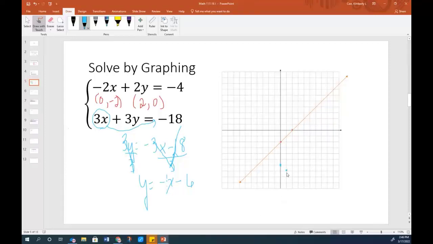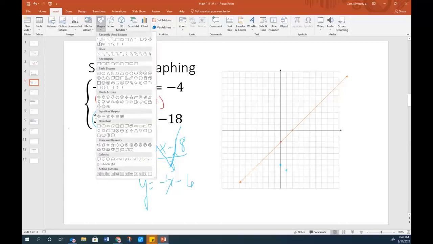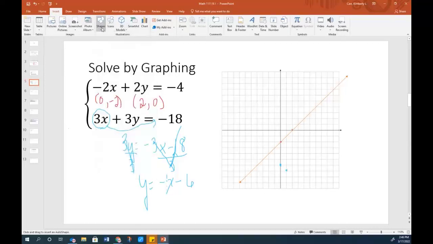You can do intercepts, or you can do the slope-intercept. So again, I need to insert a shape, and I need it to be a line. And then on that line, I need to try to hit that point and the next point.